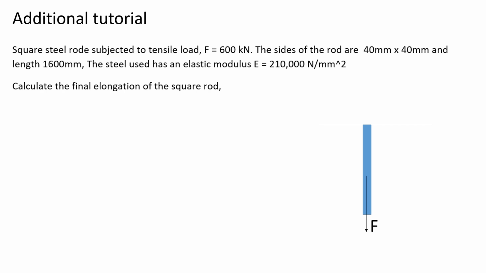I'll be careful what I say. Depending upon the steel that you're using, but a lot of the stuff in our examples will be this number here for normal generic steel. Calculate the final elongation of the square rod. It's applied in that manner. Should take you no time at all.